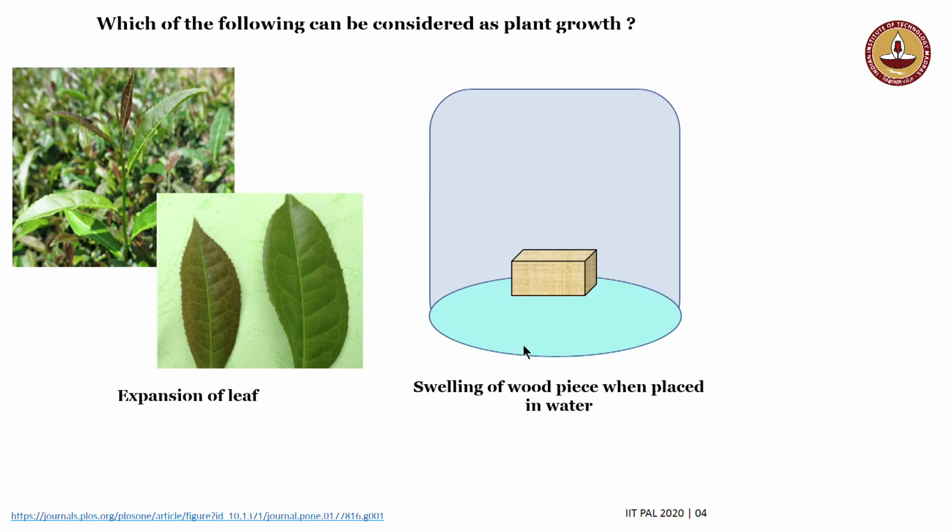Now let us see, which of the following can be considered as plant growth? Can you people make out? Yes, the picture of the leaves and the plant shown on the right hand side of the slide shows expansion of the living matter, which is leaf, while on the left hand side it is swelling of a wood piece when placed in water.